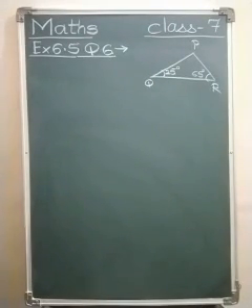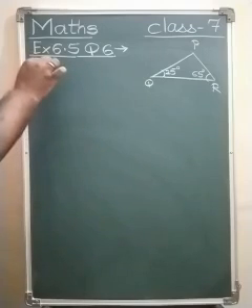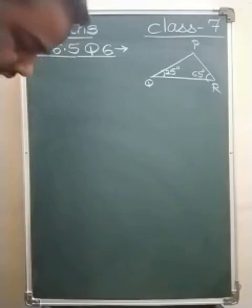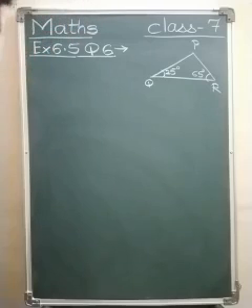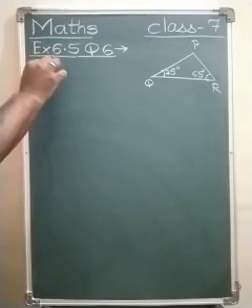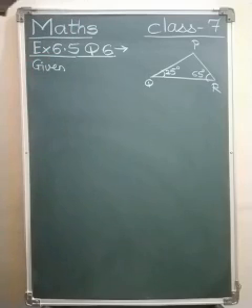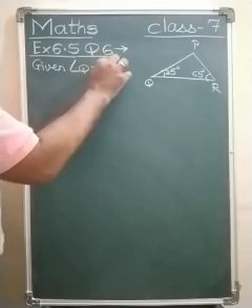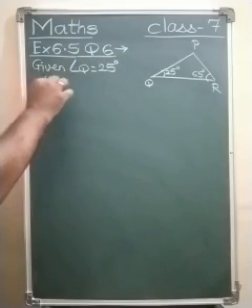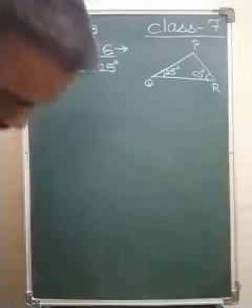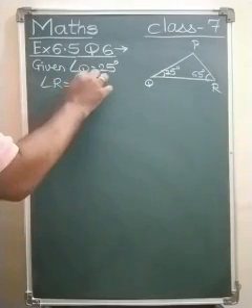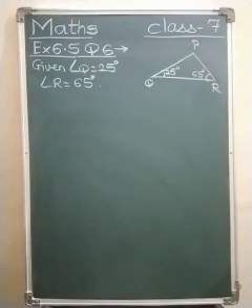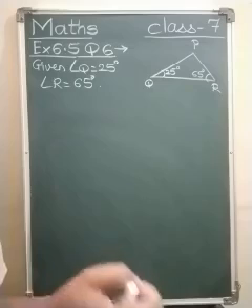So how will we start? Okay, given angle Q equals 25 degrees, angle R equals 65 degrees, and out of these three we have to prove that any one is true.